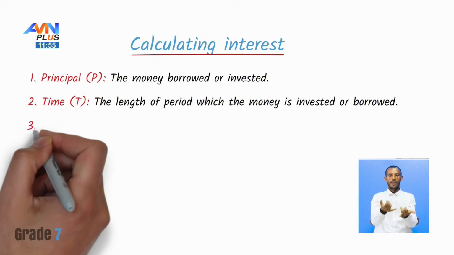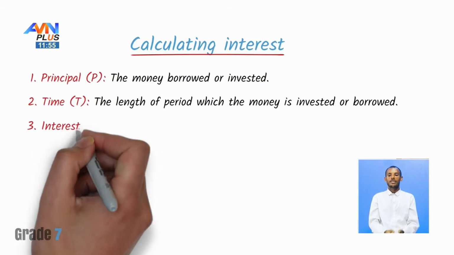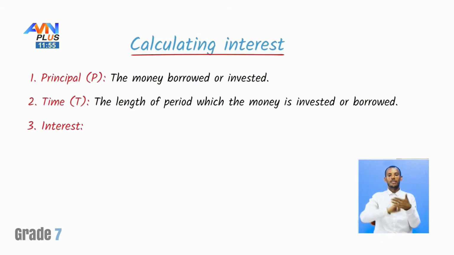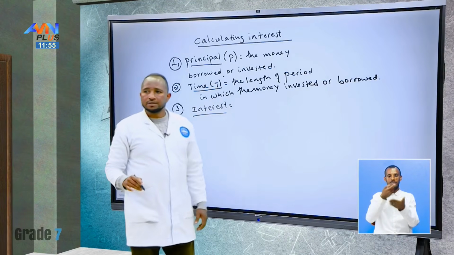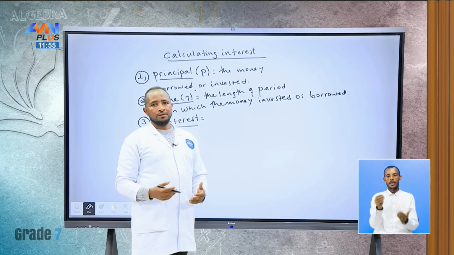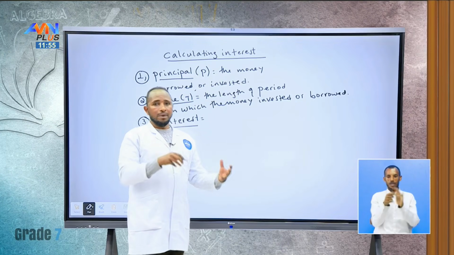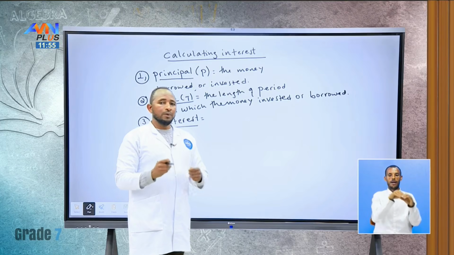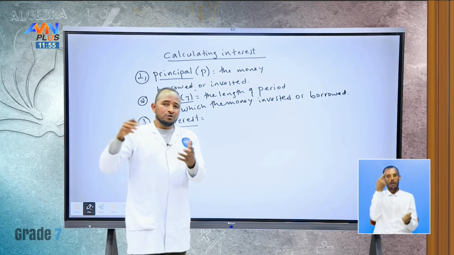Now, third, interest. This is the extra money paid for the use of money. For example, if you deposit money in a bank, the bank will pay you some amount of money for using your money.